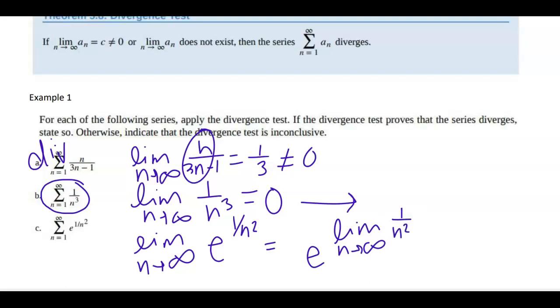The limit of 1 over n squared is 0, and e to the 0 is 1, which is not 0, so this diverges. All that it does is let you know it diverges. It might be that I need to do something further to see if it is convergent. But if the sequence does not go to 0, the series must diverge.